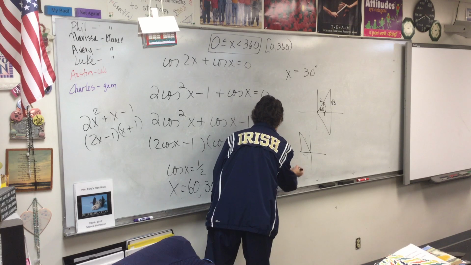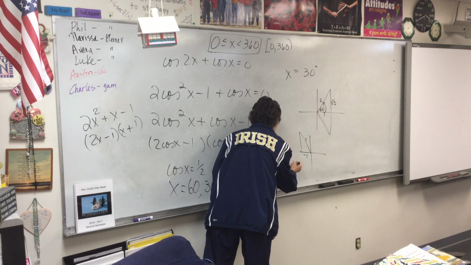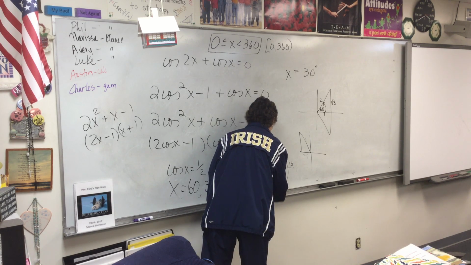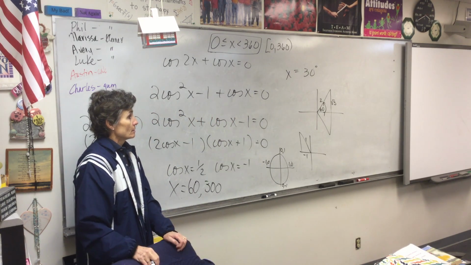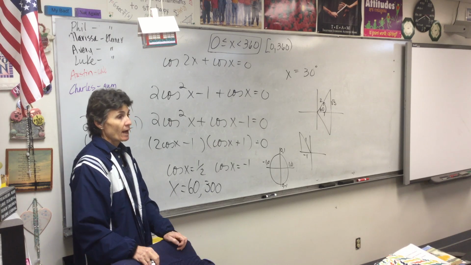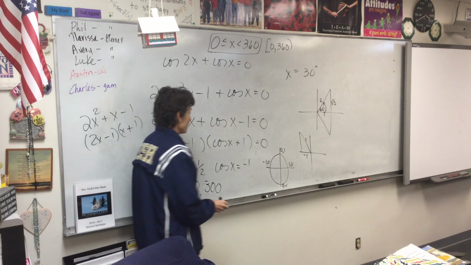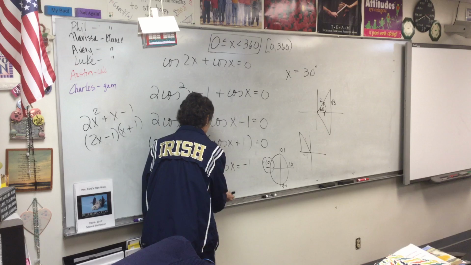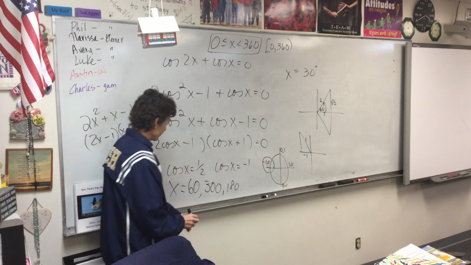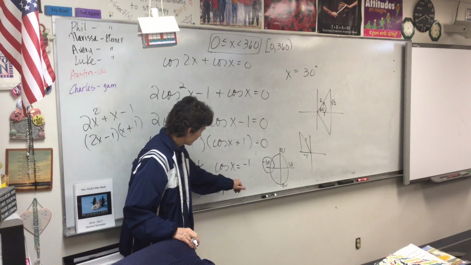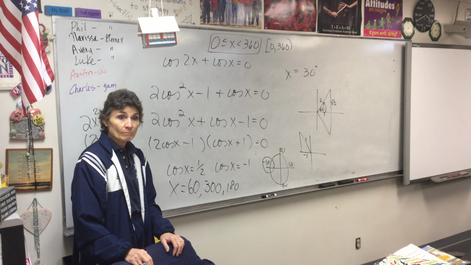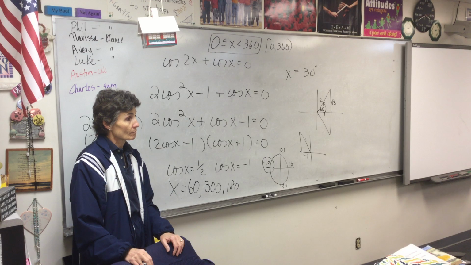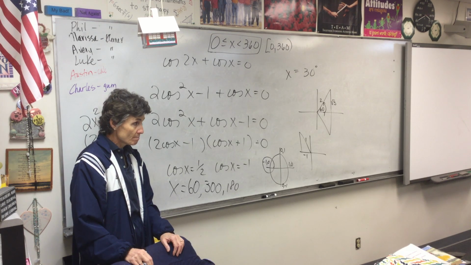So somewhere on the circle, there is an angle where cosine is -1, and that happens right here. So the answers to the problem are 60, 300, and 180. Now you're done. Okay?